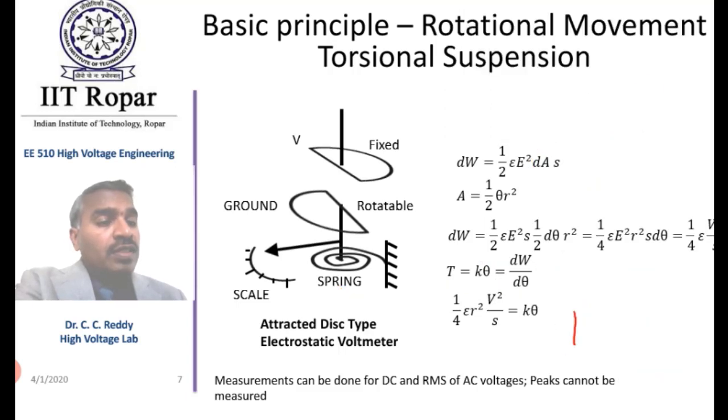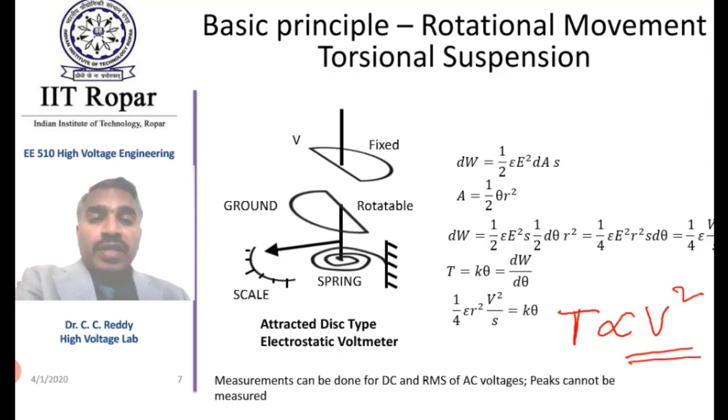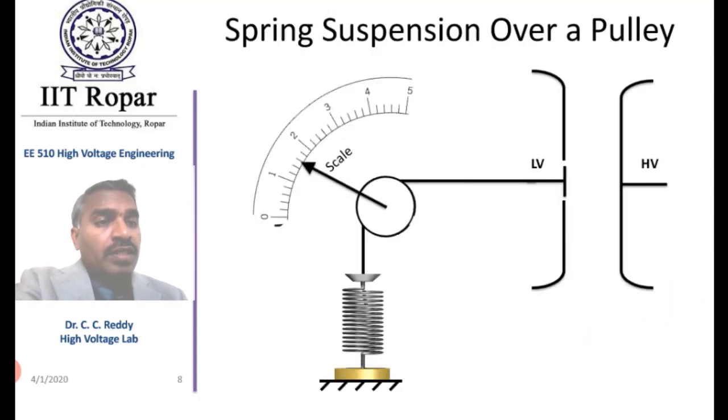T is proportional to V square. Therefore, in this case also RMS or pure DC voltages can be measured, but peaks cannot be. Now, let us go to the next slide.